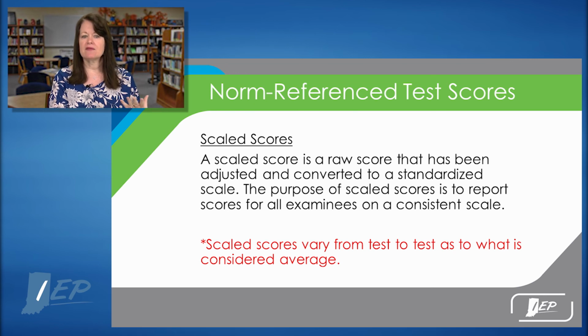The reason that we have scaled scores is so that we can then be able to look at an individual's performance across a very consistent scale. Now, scale scores can be different from test to test. So many of the tests that we tend to use will have scaled scores that fall within the average range when they're between about 8 and 12, but that's not always the case.